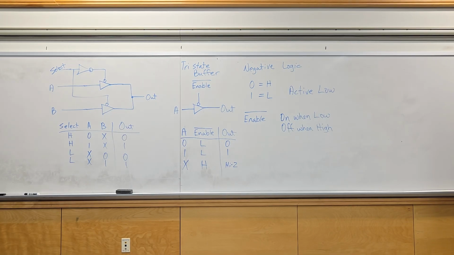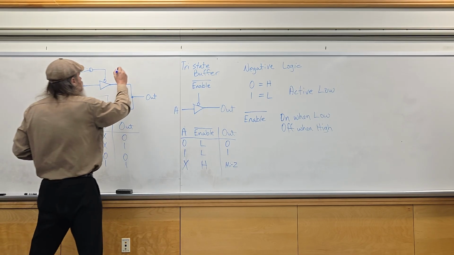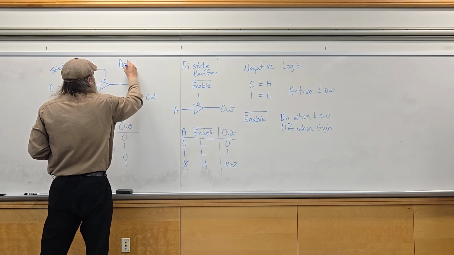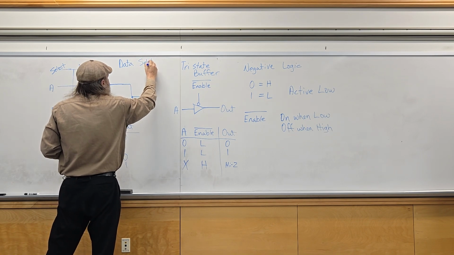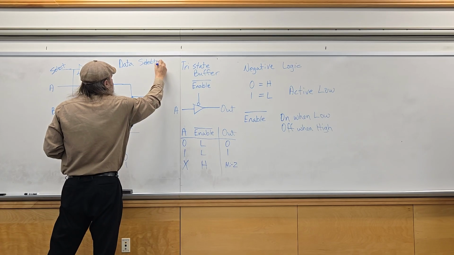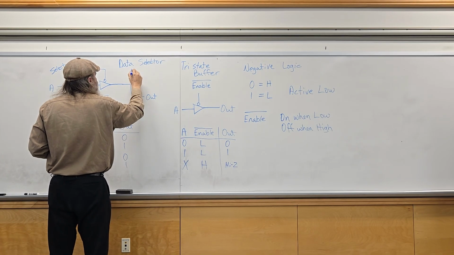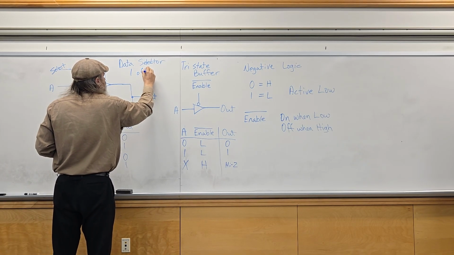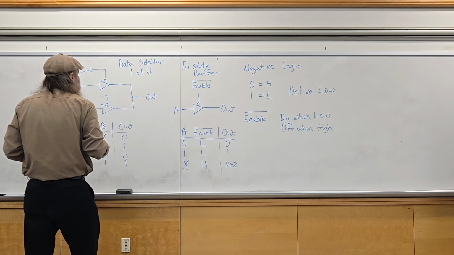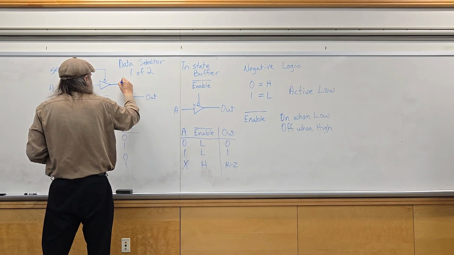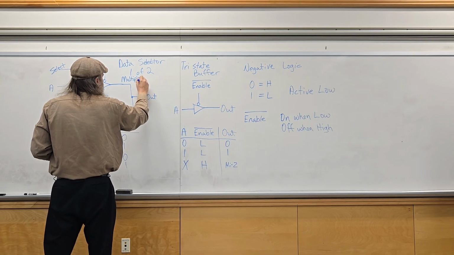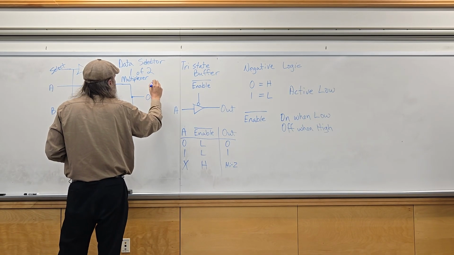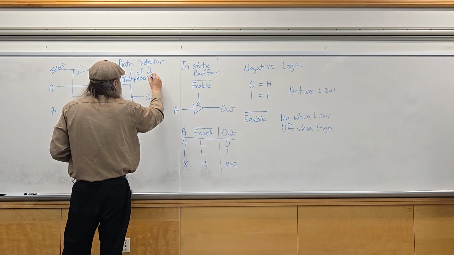So you'd have what is called a data selector, one of two. This is also called a multiplexer, or MUX.